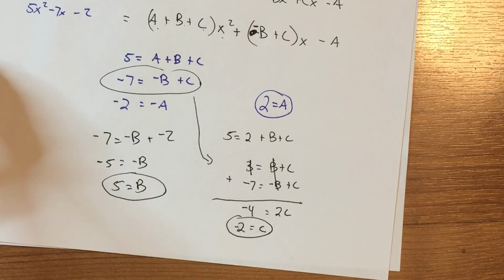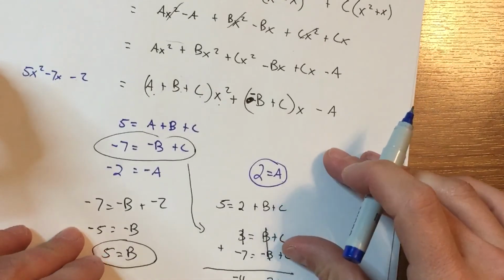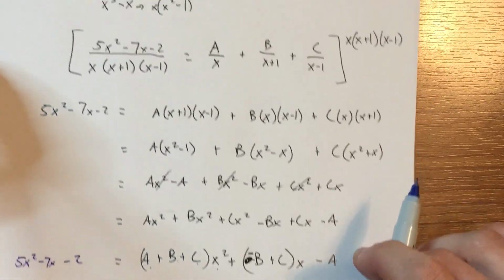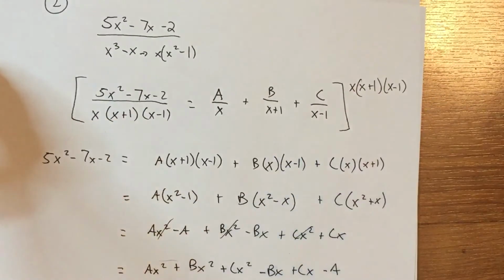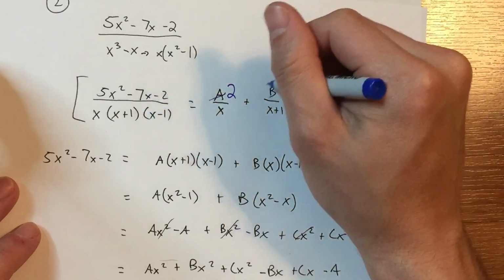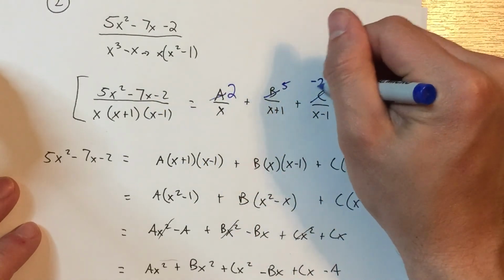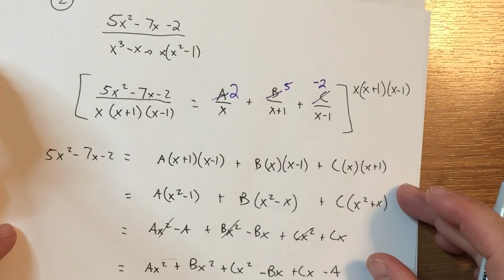These are my A, B, and C terms. Typically, we would rewrite the answer, but for our sake, we'll just say our answer is A was 2, B was 5, and C was negative 2. Okay? There you go.